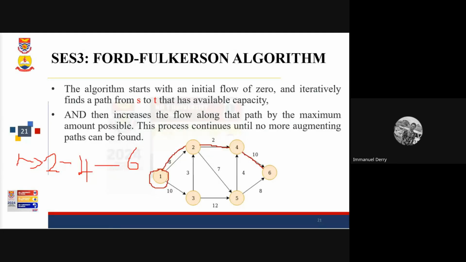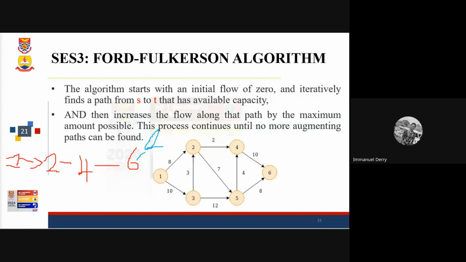Who can tell us the least capacity from 1 to 2, 2 to 4, and then 4 to 6? It's 2, from 2 to 4. So that is going to be 2.